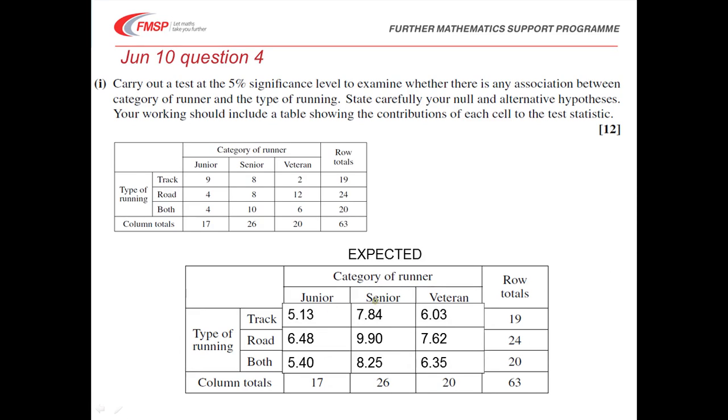The next thing is we need to work out these things called contributions. I'll work out a couple of them and then we'll go from there. You need to work out all 9 of these separately. A contribution is defined as O minus E squared over E. So the contribution in cell 1-1 is going to be observed value minus expected value squared over the expected value, and that's going to give me a value of 2.9257.